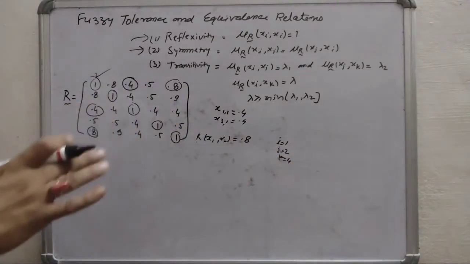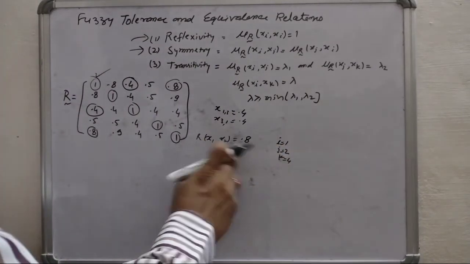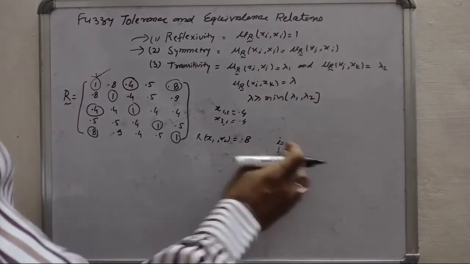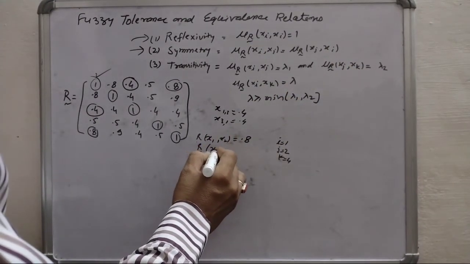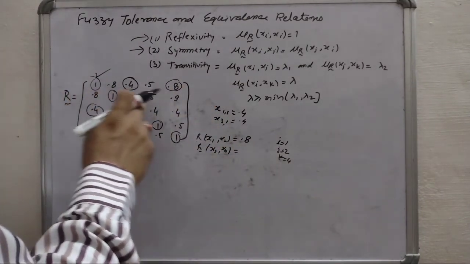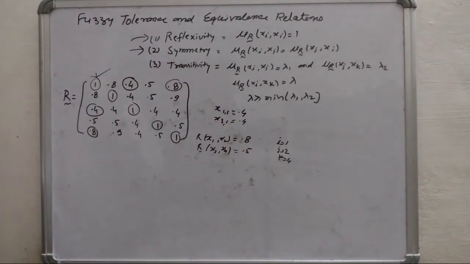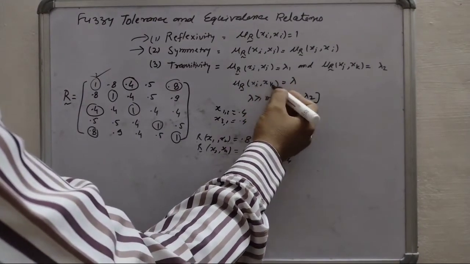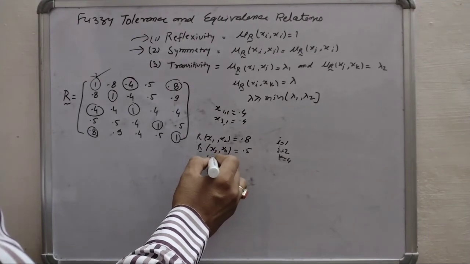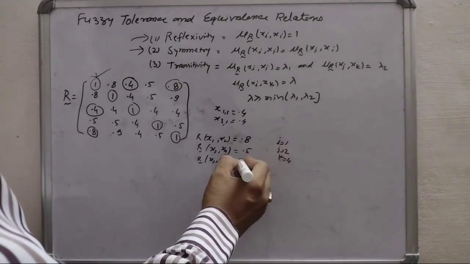I am testing this on this matrix with these values. So x12 is ij, then jk means 2 4, relation of x2 and x4: second row, fourth column, 0.5. Then third one is xik, i is 1 and k is 4. So r of x1 and x4 is 0.5.